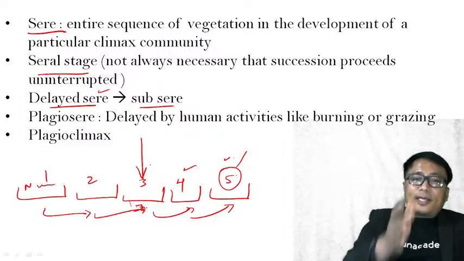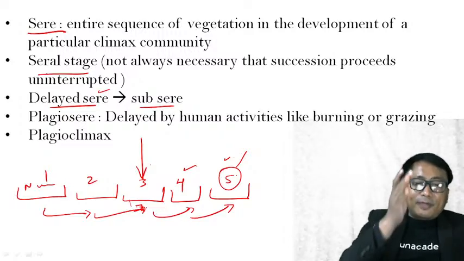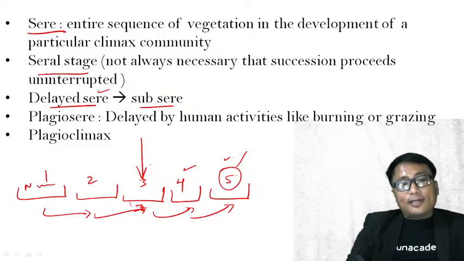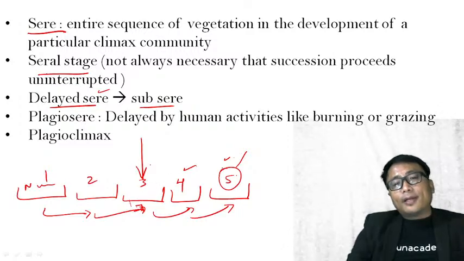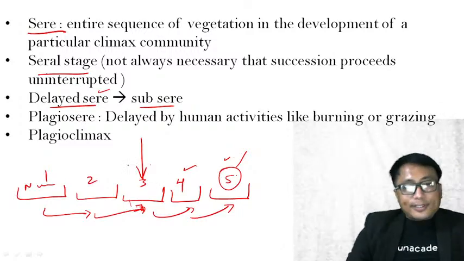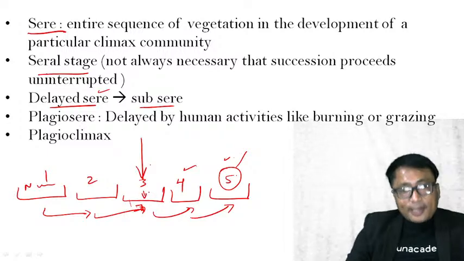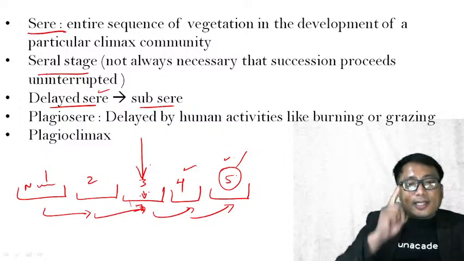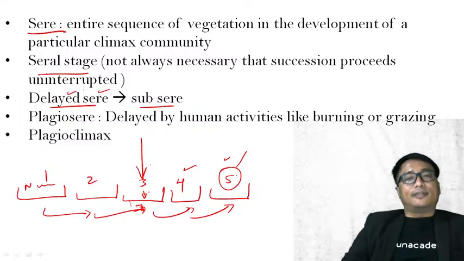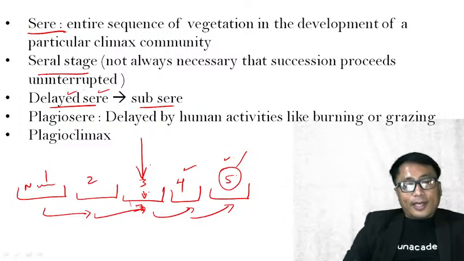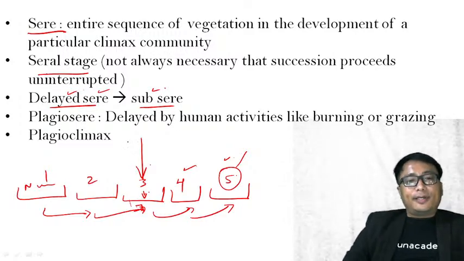If the interrupting factor is removed, only then will it continue its normal cycle. Otherwise, it will be stagnant at this particular stage. That is known as a delayed sere, and also known as a subsere. Now, what is a plagiosere?